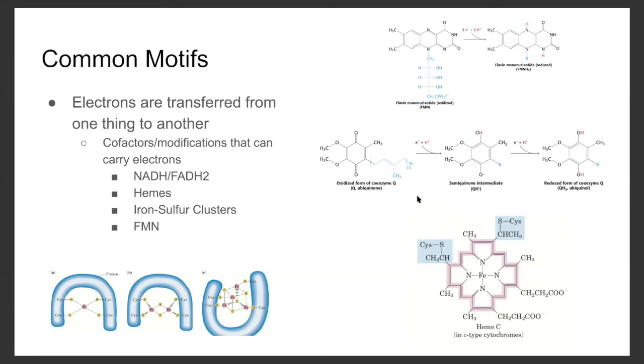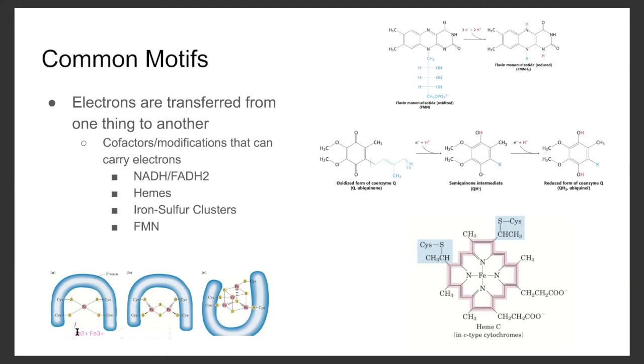Another example of that is these iron sulfur clusters. Basically, they're located in an enzyme, and it's this complex of amino acids in the protein itself, with the sulfurs from a cysteine with an iron. You guys remember, hopefully, that iron can interchange between an Fe2+ and Fe3+ form.